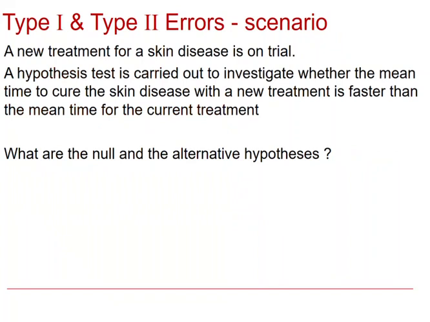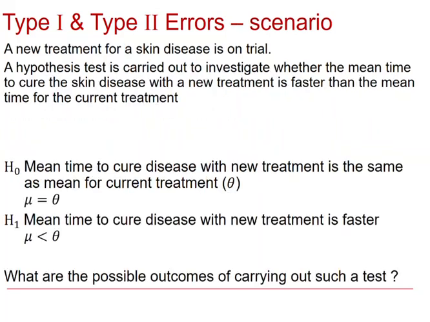If you'd like to pause the video at this point and just read through the example and decide what the null and the alternative hypotheses are for this test. And hopefully you can spot in the question that we are talking about means, and you've already met hypothesis tests for an unknown population mean, and we're looking at the mean time with the new treatment being the same as for the current treatment.